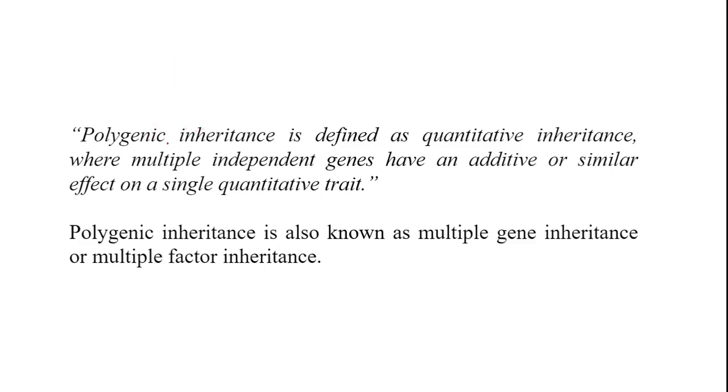Before going to polygenic inheritance, we need to know whether it is allelic or non-allelic gene interaction. If you are familiar with genetics, you clearly know about allelic and non-allelic interaction. What is an allele? An allele is an alternative form of a gene which is present on a homologous chromosome and codes for some phenotypic trait.